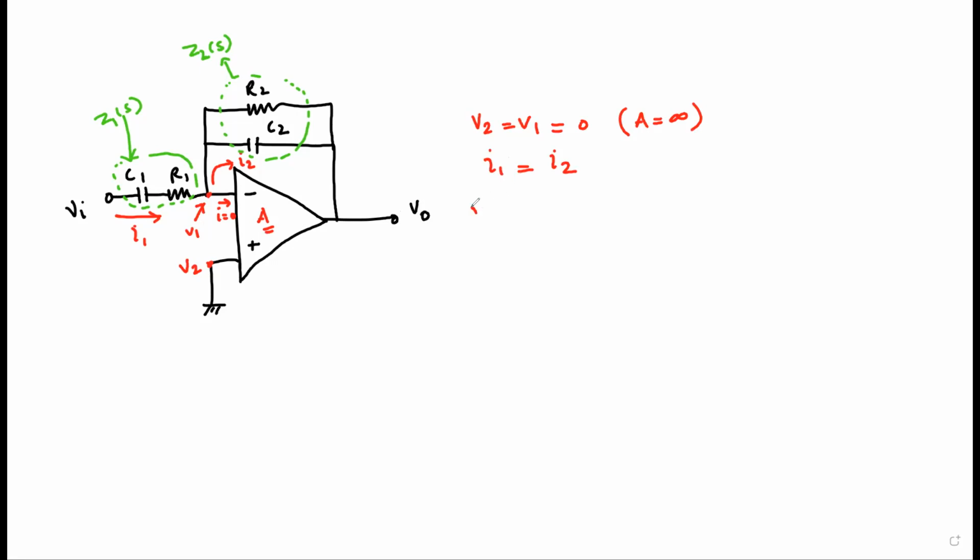So of course, I1 would be Vi minus 0 divided by Z1 of S, and I2 would be 0 minus Vo divided by Z2 of S. And this simplifies to Vi of S over Z1 of S equals minus Vo of S over Z2 of S, and we try to solve them.